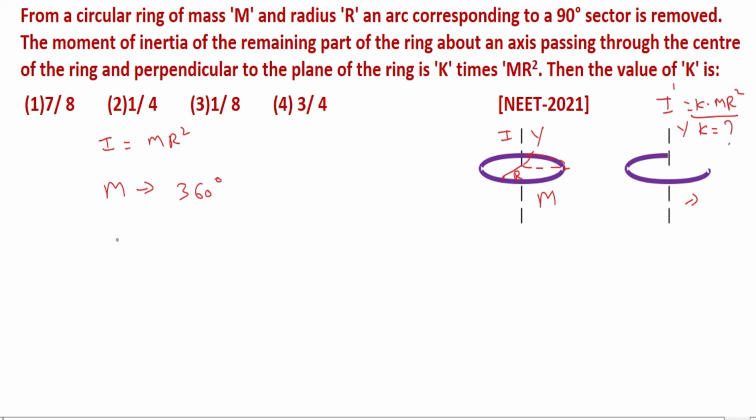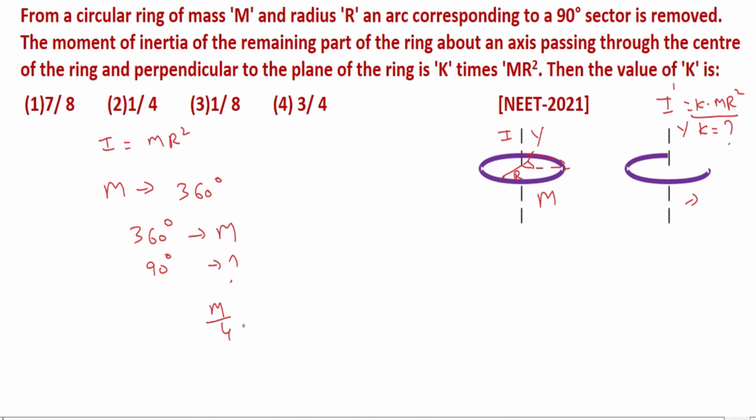That is 360 degrees consists of mass capital M, and this sector makes an angle of 90 degrees. That is 90 degrees consists of how much mass? That is equal to M by 4. So the mass of the removed sector will be M by 4.